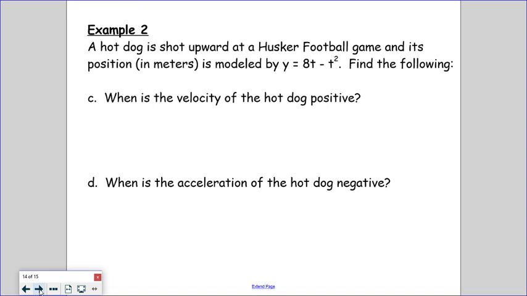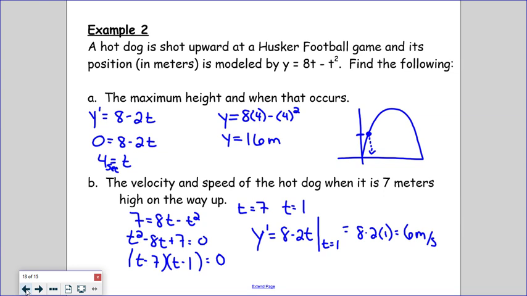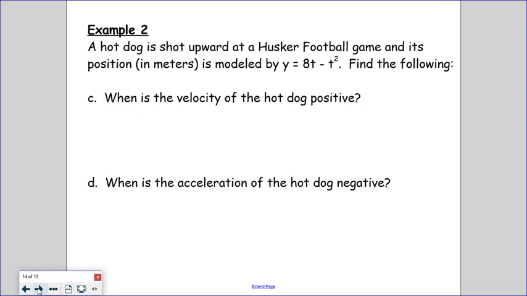On the last one, same situation. When is the velocity of the hot dog positive? We've already done some of the legwork for this one, haven't we? We've found our velocity function. We found the zeros of our velocity function happen at 4, right? So if we use that velocity function, we look at starting at time equals 0.